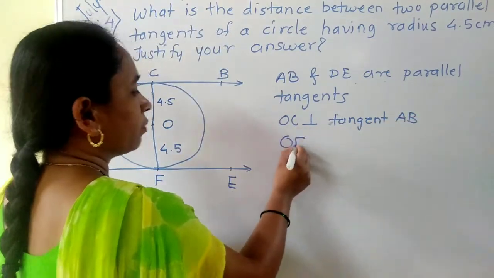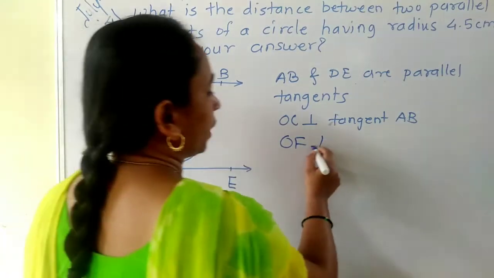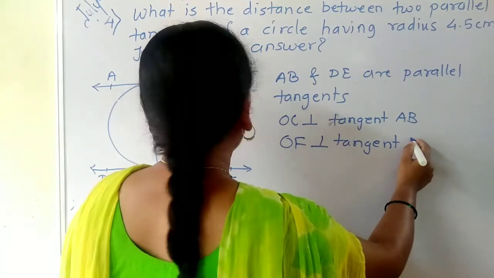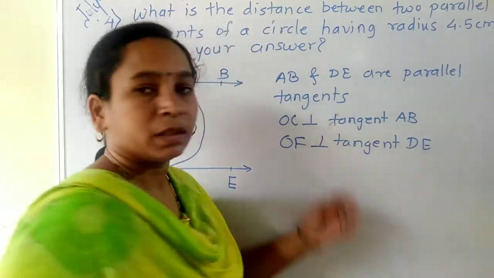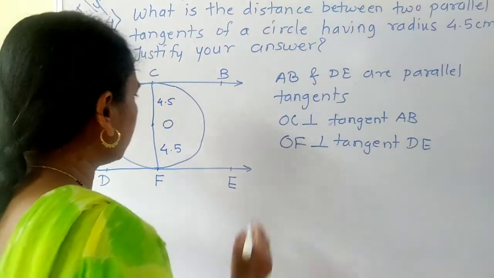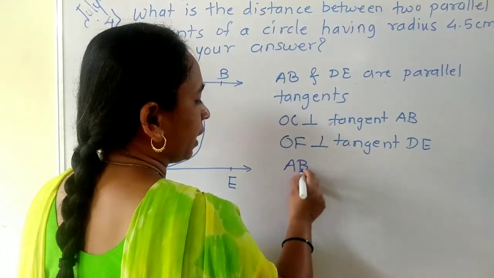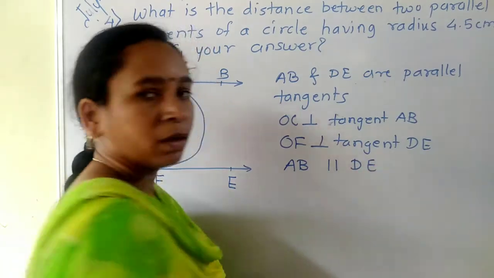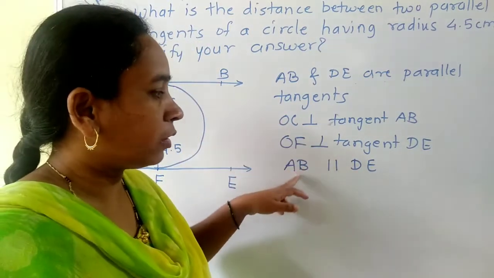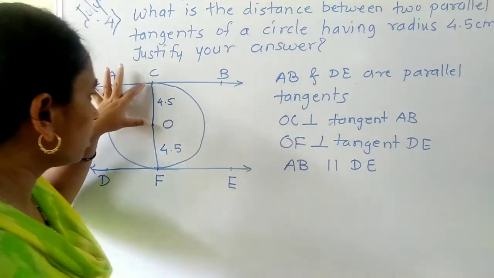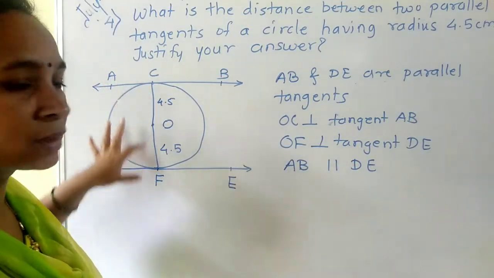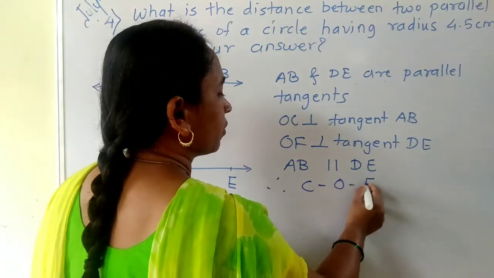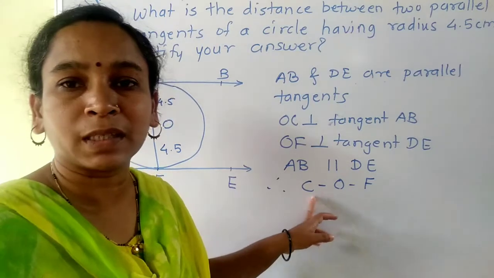Similarly, OF is perpendicular to tangent DE. AB tangent is parallel with DE tangent, so they lie on the same line. That means we will get C-O-F, O will lie in between C and F.